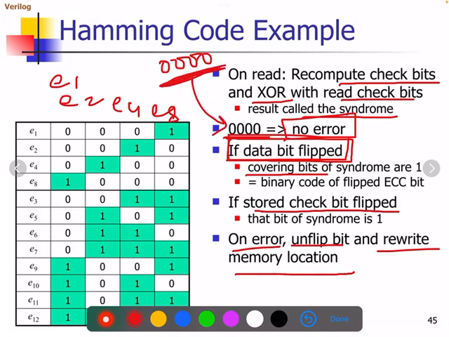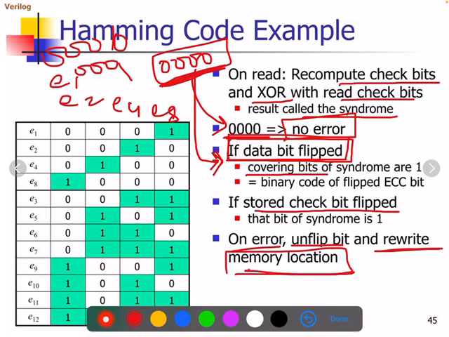If we get any other number, there is an error. Take that syndrome, compare it with the existing values, and we get the position of the error. Use that position, change the data, correct it and rewrite it into the memory location.